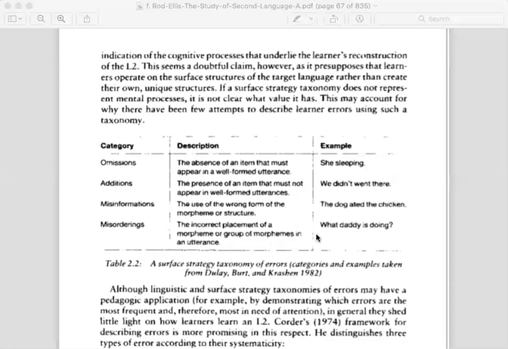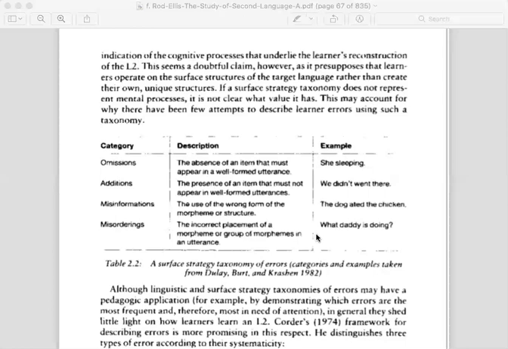So that's why Corder gives a framework for describing errors, and he reasons why certain errors would be committed, and on the basis of those reasons they should be categorized. It is pre-systematic when it's very apparent that the learner does not have the knowledge of the rule and has committed an error.